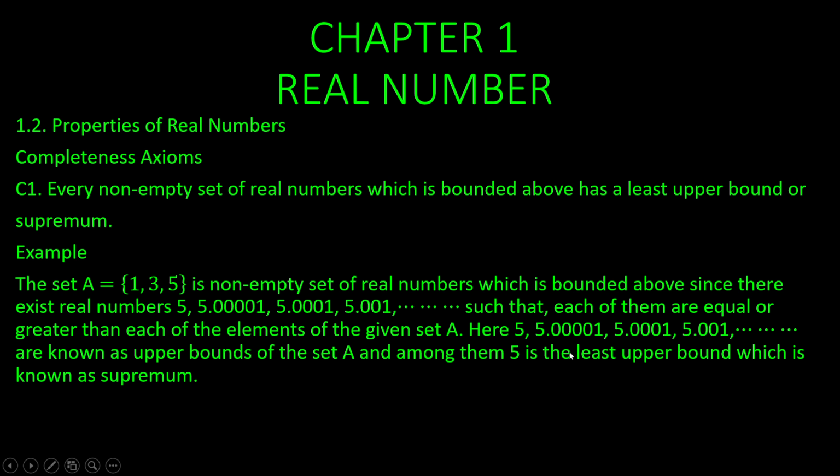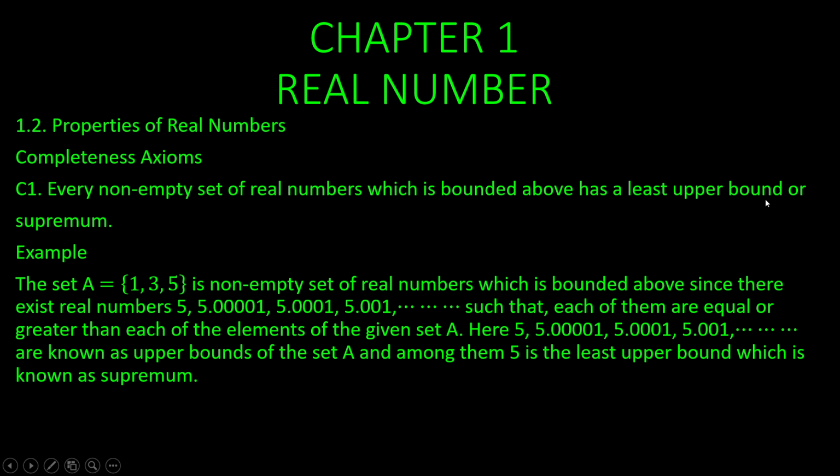But among those upper bounds, which element is the smallest here? Obviously 5. This smallest upper bound or least upper bound is known as the supremum. So here the supremum is 5. So I write it here. Supremum is 5. 5 is the least upper bound, which is known as the supremum.